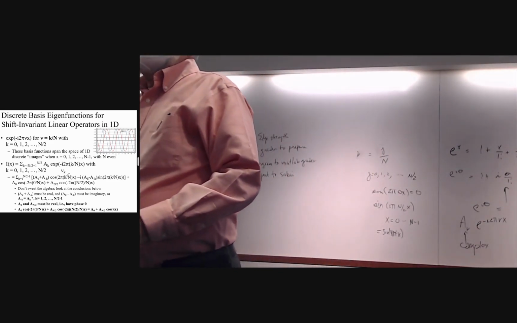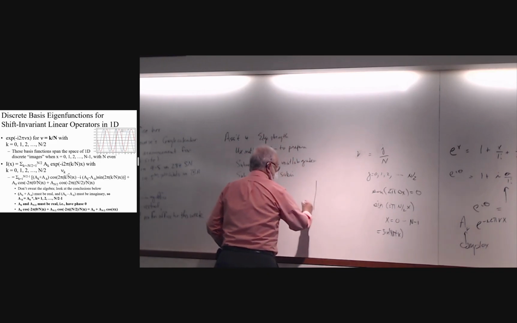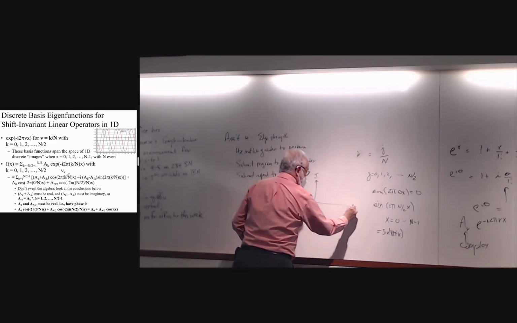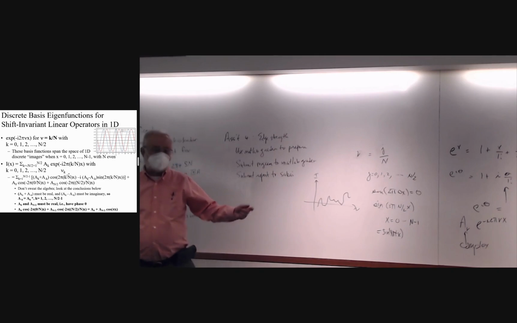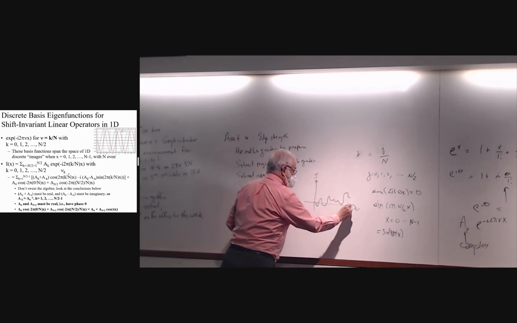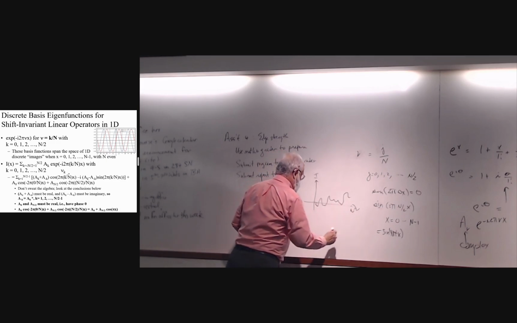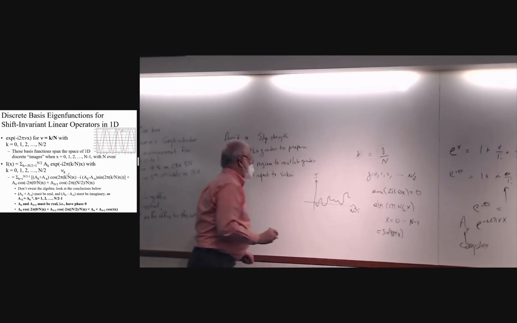They're functions of some signal which is a function of x. So our input image is some function that has values at 0, 1, 2, up to n minus 1. In a moment we're going to talk about what happens with two-dimensional or three-dimensional images, but for now we're just talking about one-dimensional images.